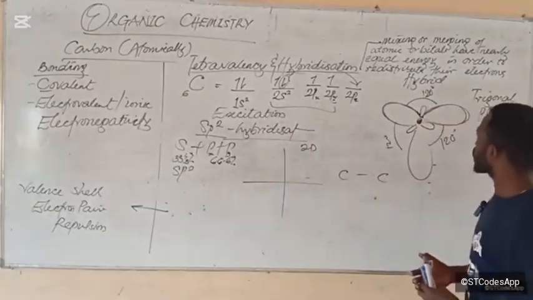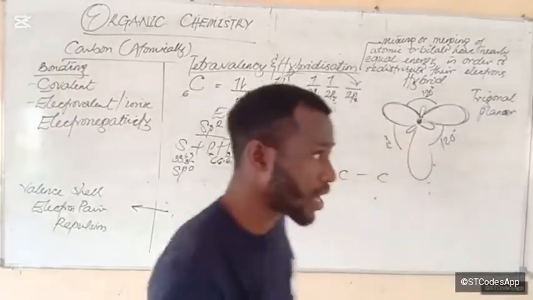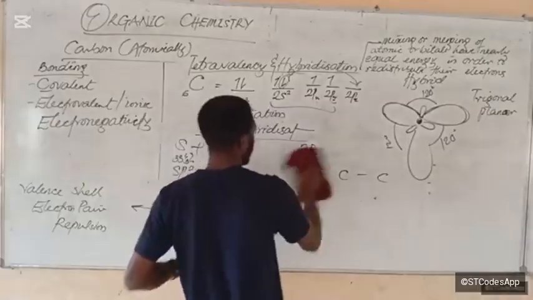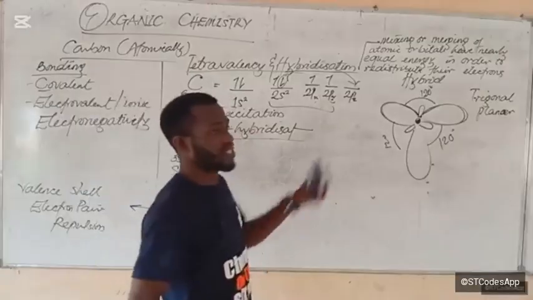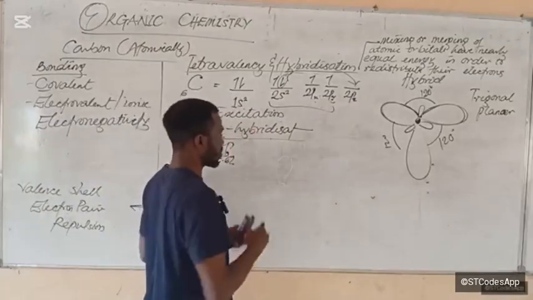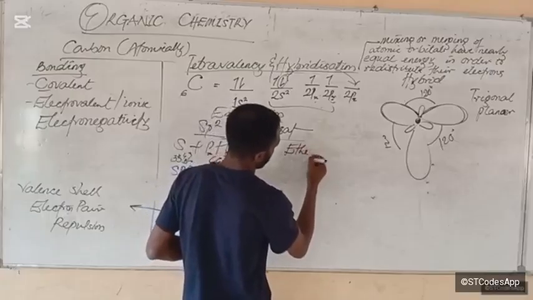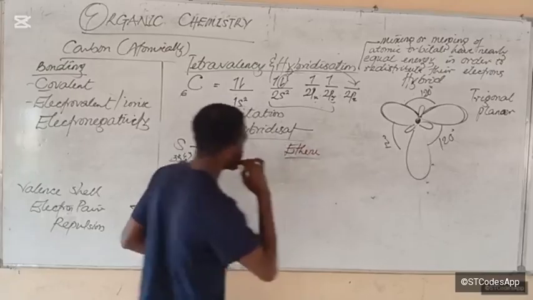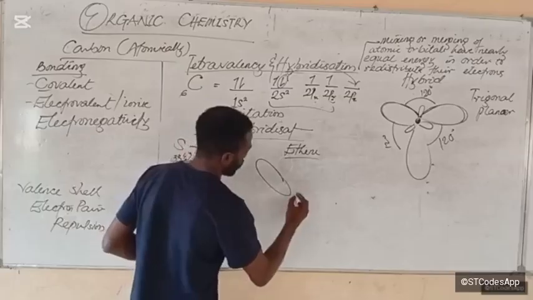All right. So if this guy wanted to form a bond with another compound, here's how it does it. The shape is going to look like the shape of ethene, for example. Ethene is going to look something like this. We're going to have our three lobes.